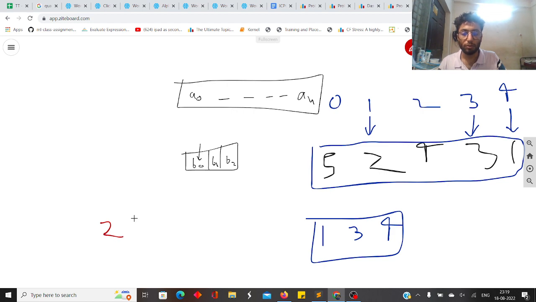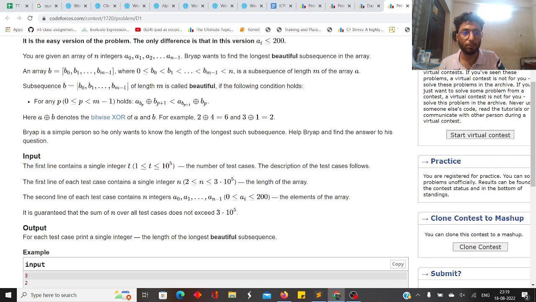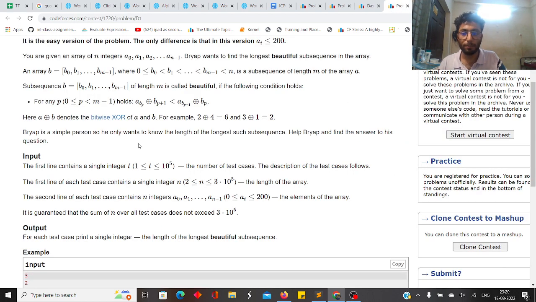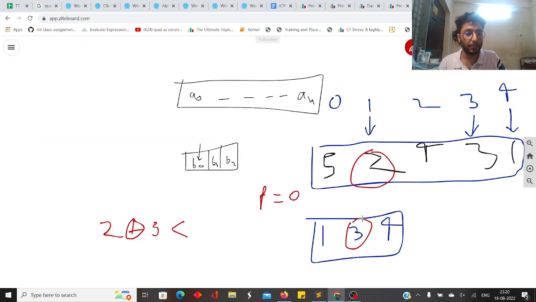So 2 XORed with b_(p+1). Since I'm taking p to be 0, b_(p+1) is actually 3. So 2 XOR 3, and 2 is this value, should be less than a of b_(p+1).